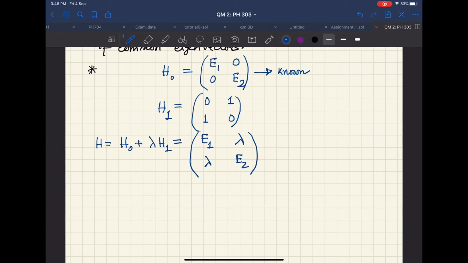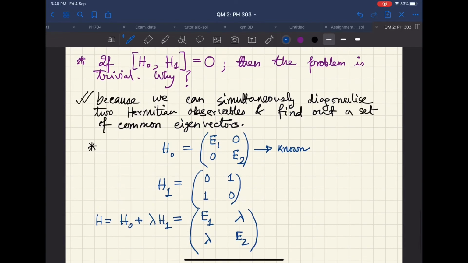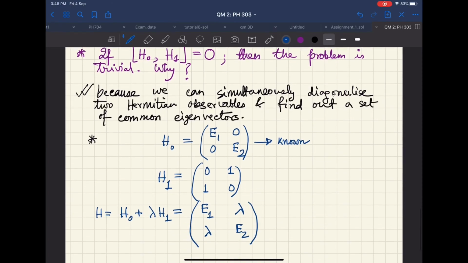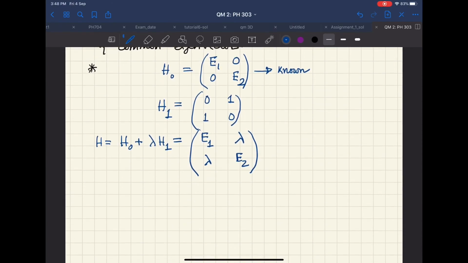Now the eigenvalues for the total Hamiltonian H can be determined in the usual way. It's very easy. First note that due to addition of perturbation H1, the eigenvalues of H will no longer remain E1 and E2. They will be certain functions of lambda, just like when we wrote down this equation, the solutions were functions of epsilon. Here also the eigenvalues will be functions of this small parameter lambda.